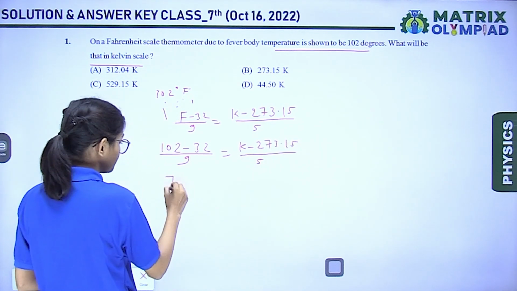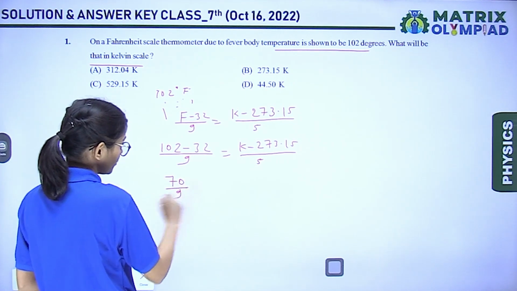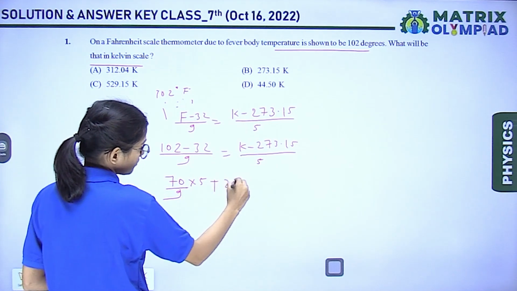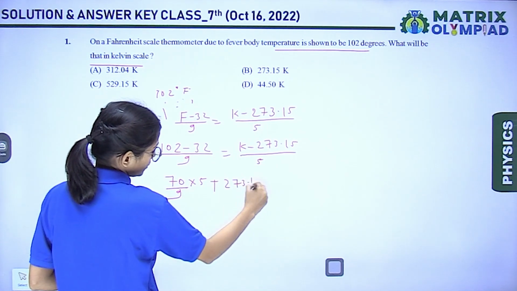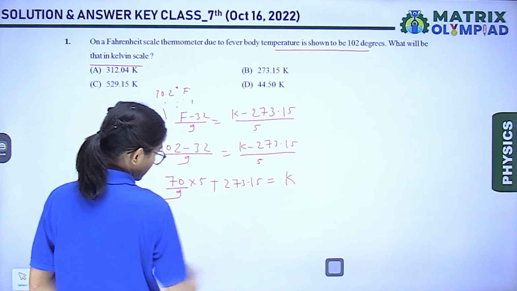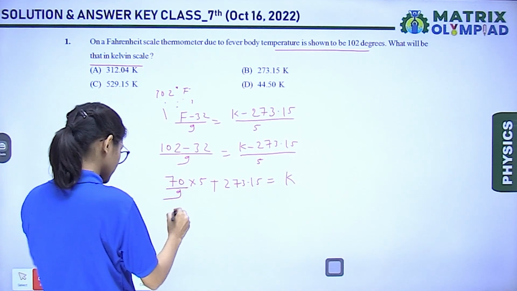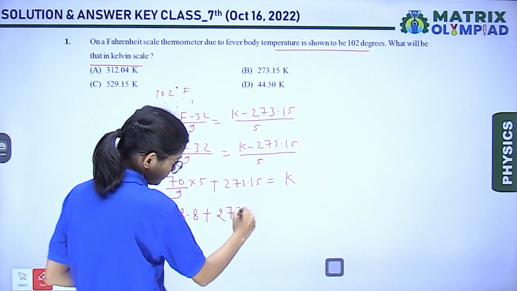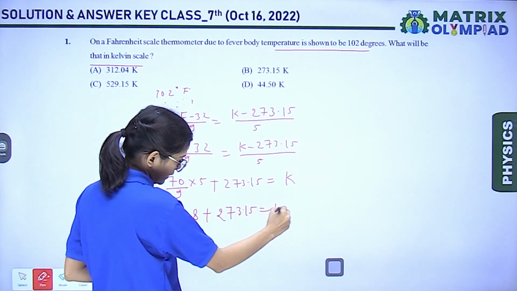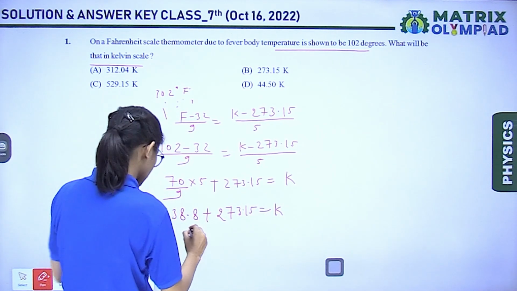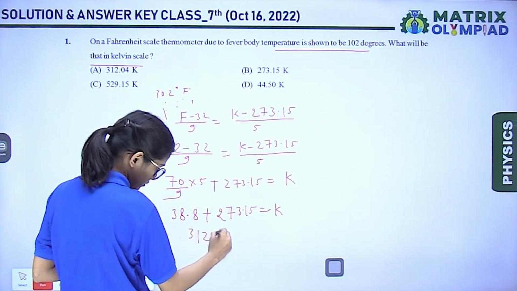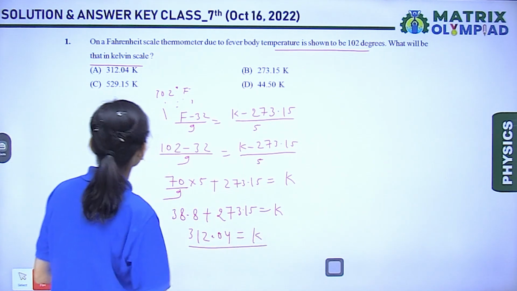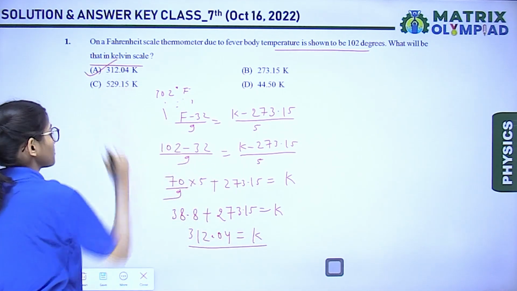Now this will be 70 upon 9 into 5, plus 273.15 is equal to K. If we solve this, we get 38.8 plus 273.15. If we add these two values, we get 312.04, and that will be our answer. So for this question, our answer will be option A.